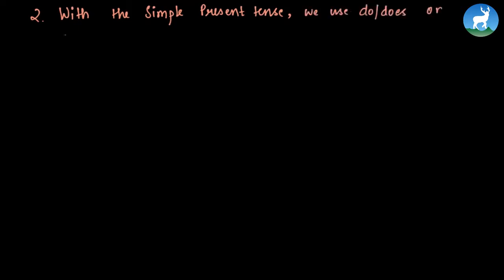The second rule is with the simple present tense, we use do or does, or don't or doesn't. Similarly, with simple past tense, we use did or didn't.